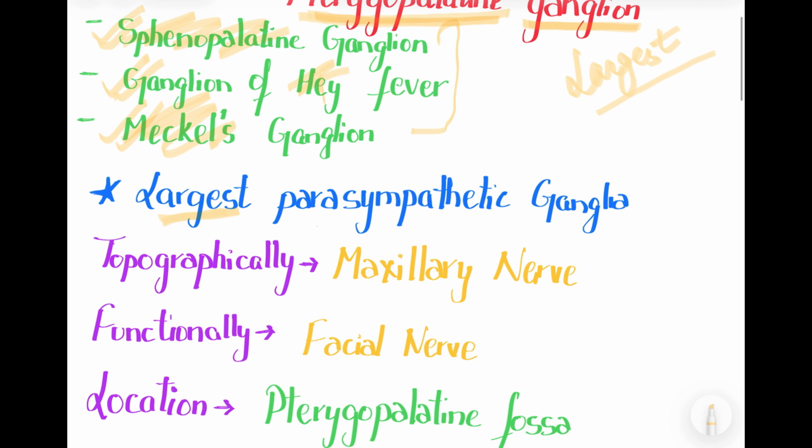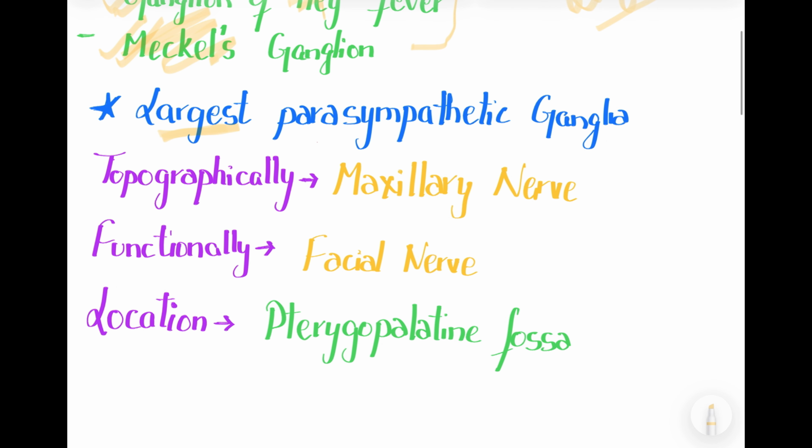Now talking of the connections: topographically it is connected to what, and functionally it is connected to what? Topographically this ganglion is connected to the maxillary nerve, which, as we know, is the second branch of the fifth nerve, the trigeminal nerve.